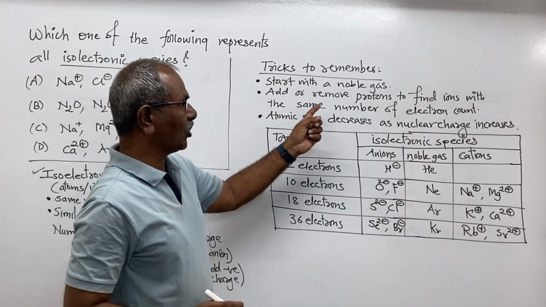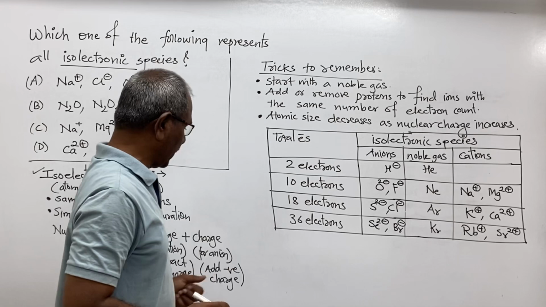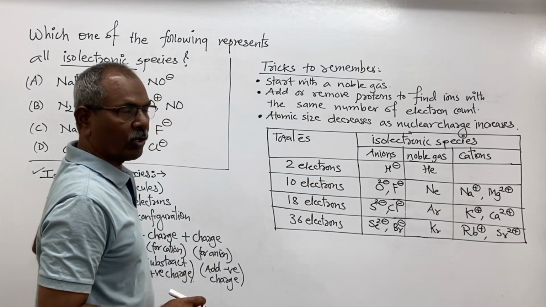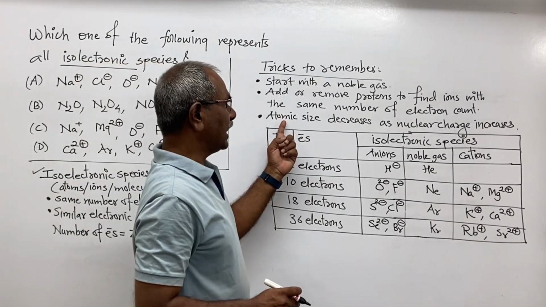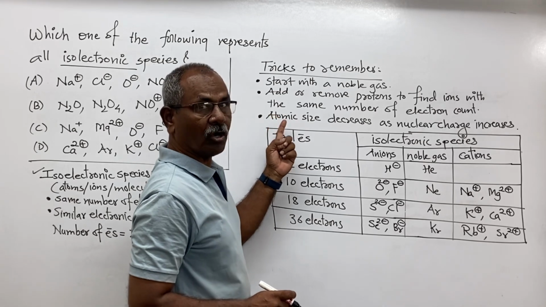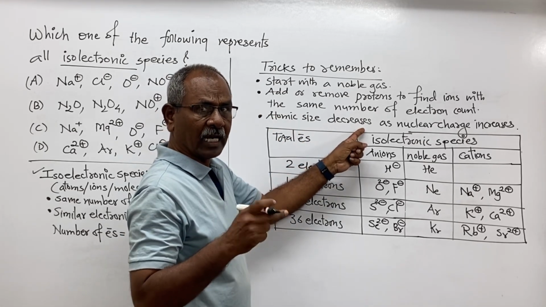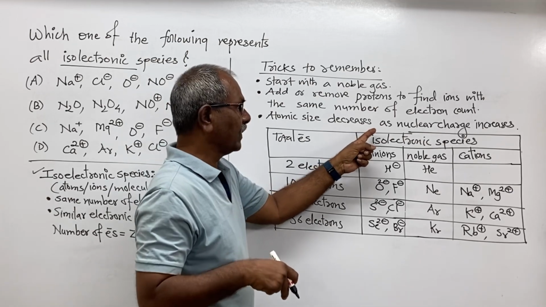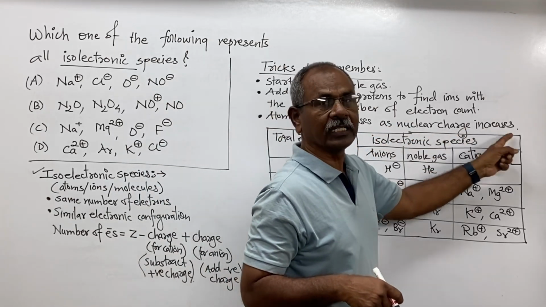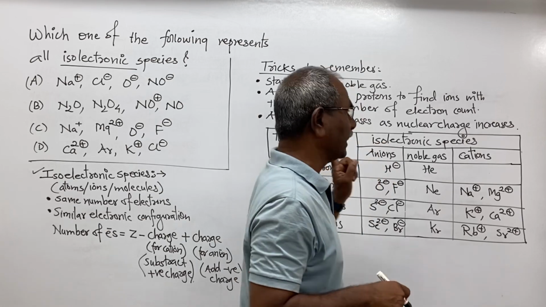The number of electrons can be calculated by using this formula. And the last thing is very important, that is the atomic size decreases in isoelectronic species as nuclear charge increases, that is the atomic number increases.